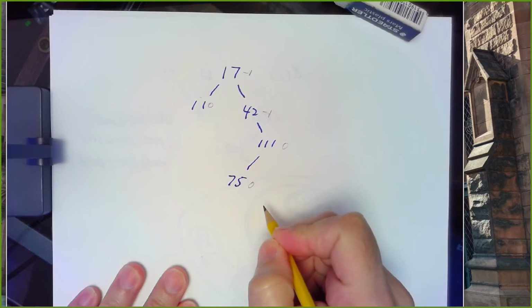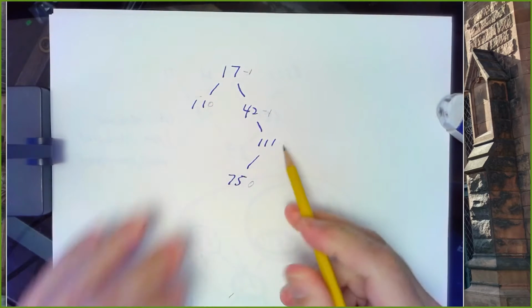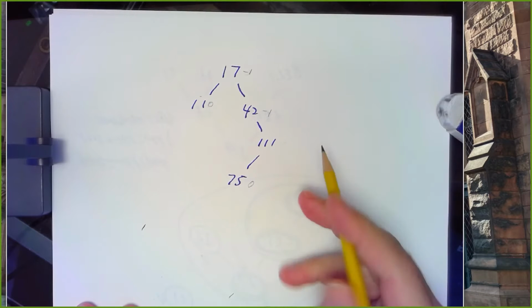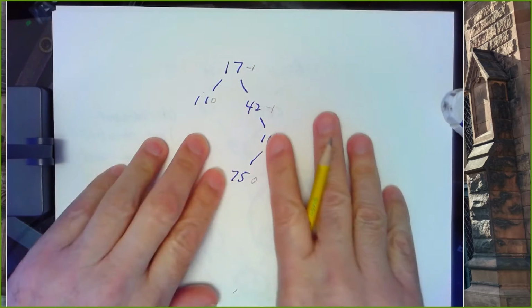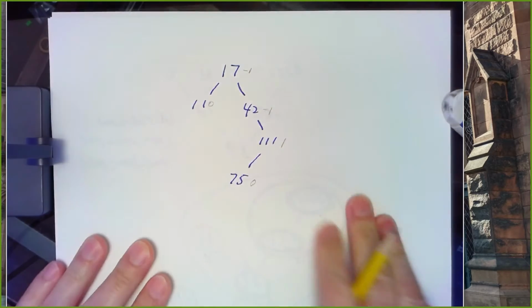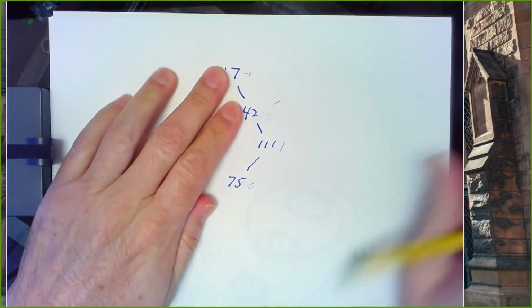The balance factor here is 0. What's the balance factor right here at the 111? That's 1. Left subtree has a height of 0, right has a height of -1. So that's a balance factor of 1. What about the 42?